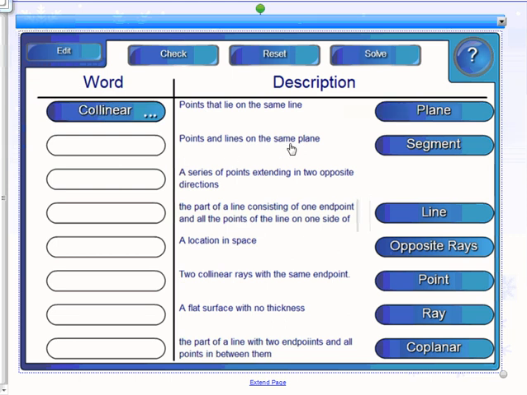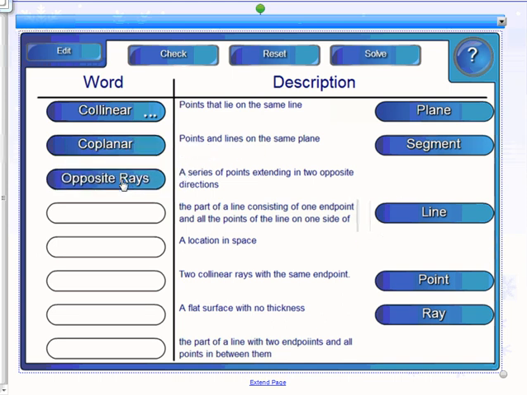Points and lines that are on the same plane are coplanar. A series of points extending in two opposite directions would be opposite rays. The part of a line consisting of one endpoint and all the points on the line on one side would be a ray.